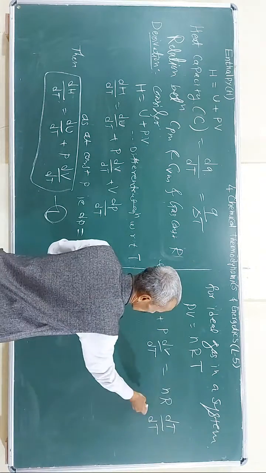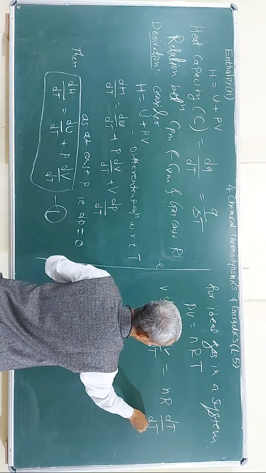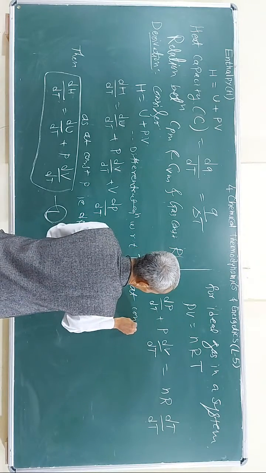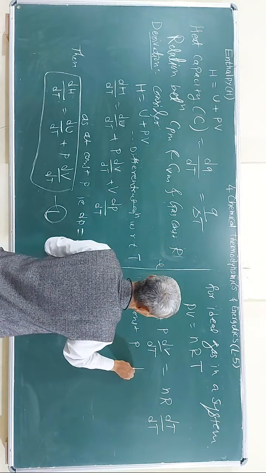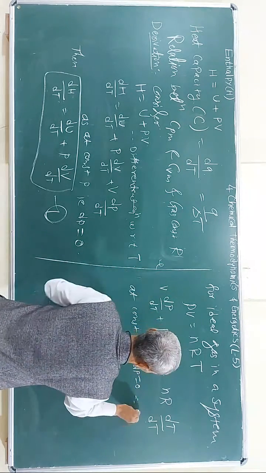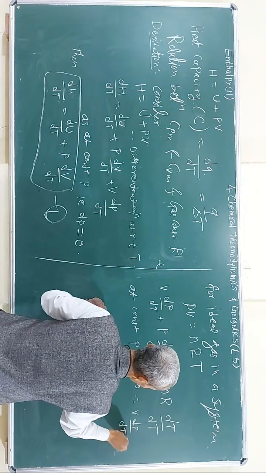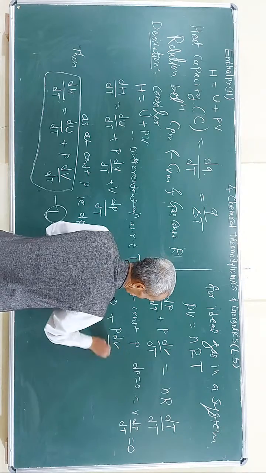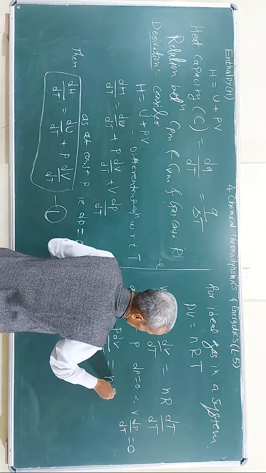At constant pressure dP is equal to 0. Therefore dP upon dT is also 0. Therefore, 0 plus P dV upon dT is equal to nR.